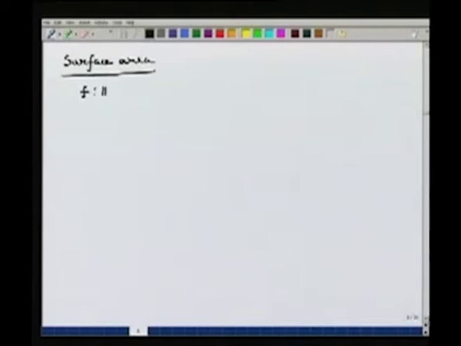Now, with these ideas, I am going to move towards the surface area, which will be used in doing surface integrals. So we start with the surface, to calculate the surface area, which is a graph of a function. Let us say I have a function f from R2 to R, differentiable, and I look at the surface S, that is (x, y, f(x,y)).